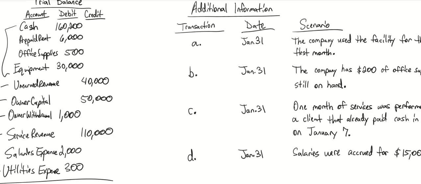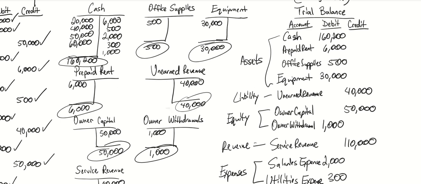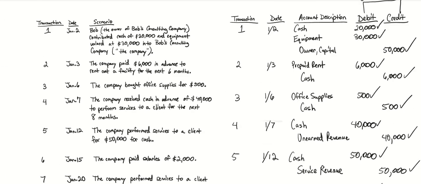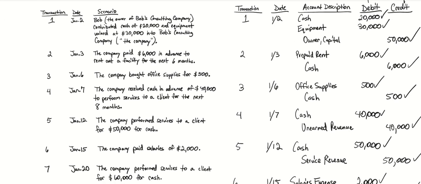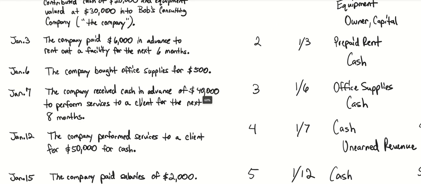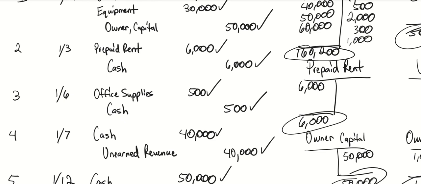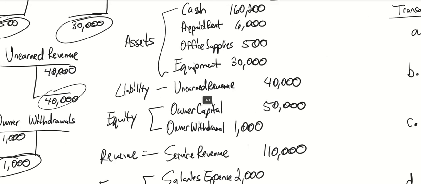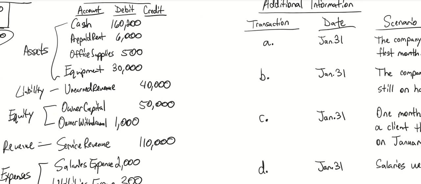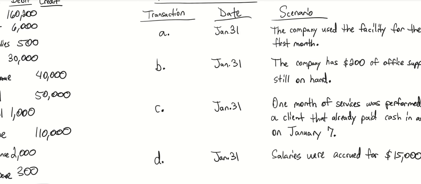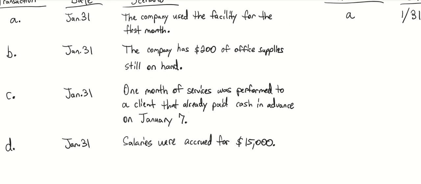If we can remember, transaction 2, January 3rd, the company paid in advance $6,000 to rent out a facility for the next 6 months. So now what the company has to do is make an adjustment on the books to show that they did use the facility for the first month.